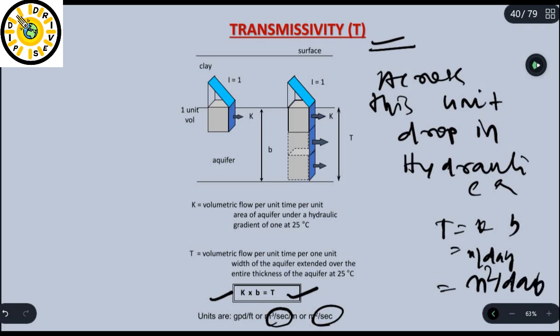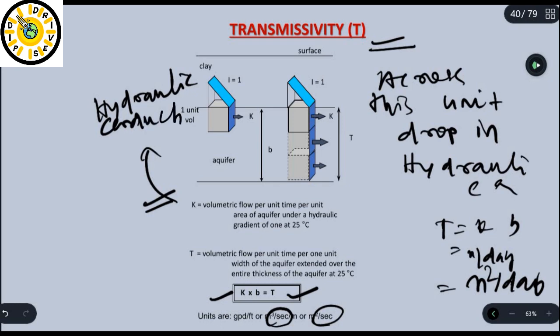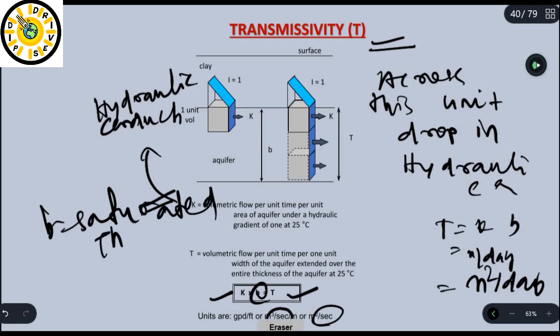So K is the hydraulic conductivity and B is the saturated thickness. K tells how much is the volumetric flow per unit time per unit area of the aquifer under a hydraulic gradient of 1.